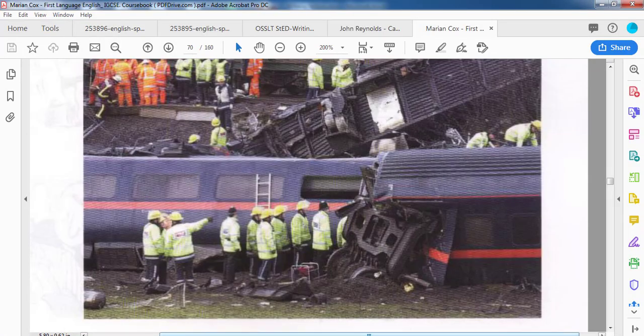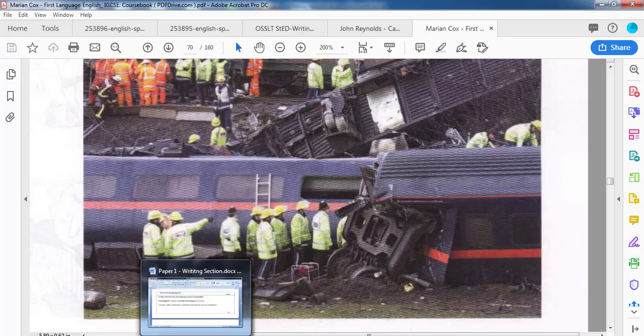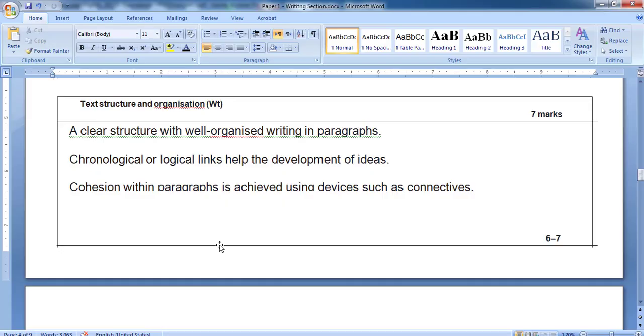Remember, okay, we will speak about the present, then we will give something regarding the past background, then we will go back again to the present, then we will go to the future or predict the future. Cohesion within paragraphs is achieved using devices such as connectives.